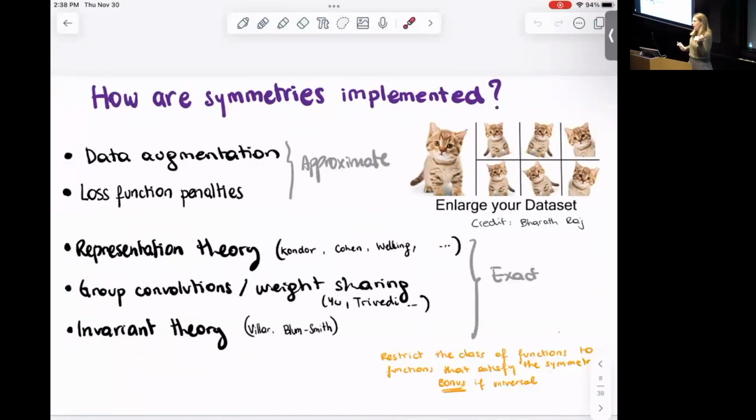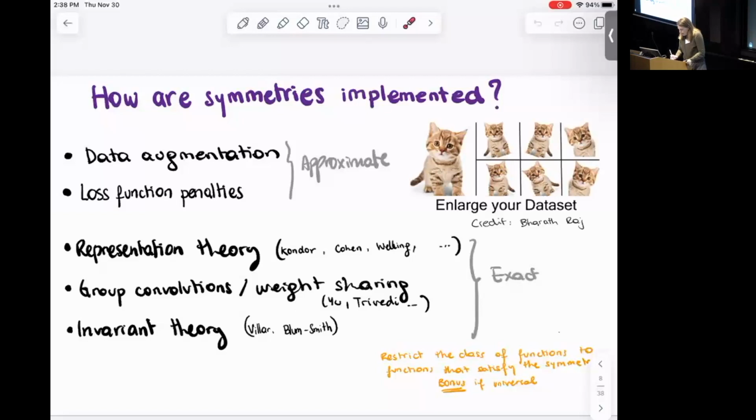But before that, I want to show you how people implement symmetries in practice. In practice, people do it via data augmentation, which doesn't really impose the symmetries, but it's just a way to make your models maybe more consistent with the symmetries by transforming the input data in that way.